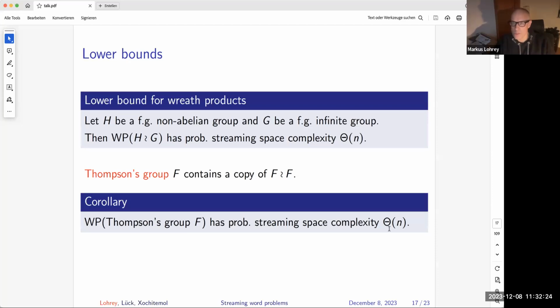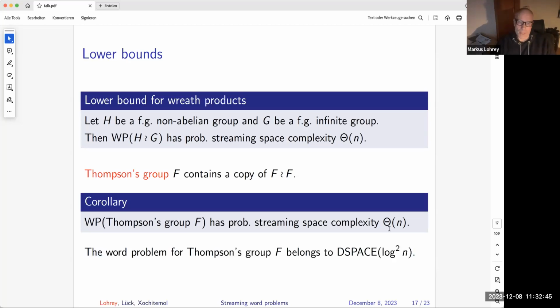So Thompson's group F is a nice example of the worst probabilistic streaming space complexity that you can get. You have to store everything, basically the whole input word, in order to decide at the end with high probability whether the word is trivial in the group or not.